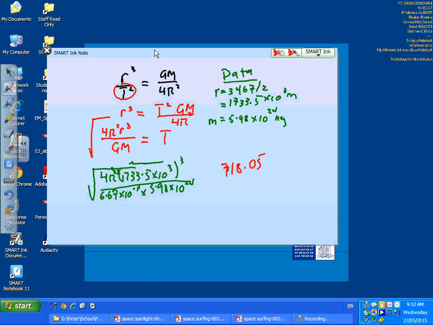Square root of 4 pi squared times 1733.5 times 10 to the 3, all cubed. Yeah. 6.67 times 10 to the negative 11, times 5.98 times 10 to the 24.